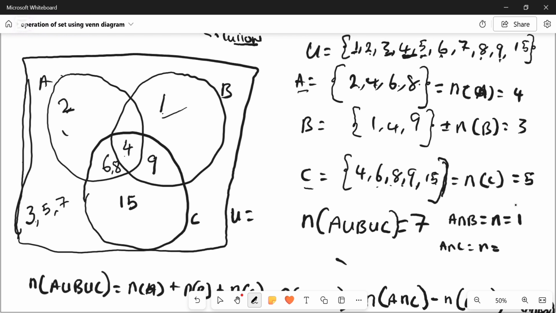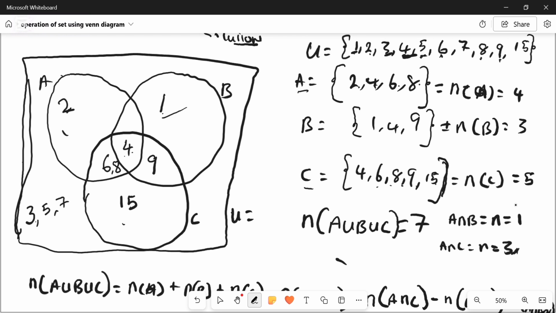So that is 3. Or you can also come over to your Venn diagram. You look for A intersects C. So this is A, this is C. So at the point of intersection, you see we are having 6, 8, and 4. So this is 1, 2, 3. So that's what we have here now as 3.